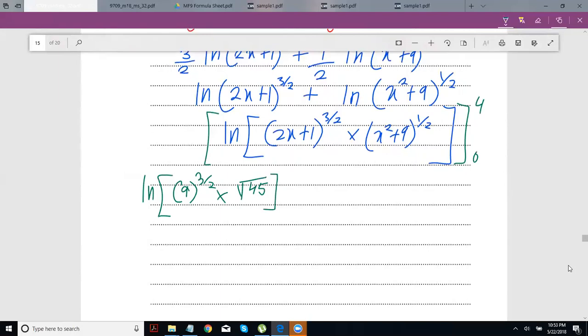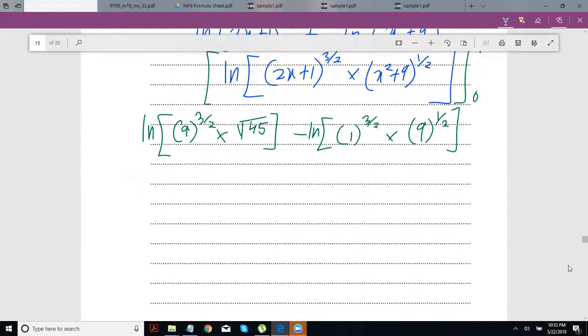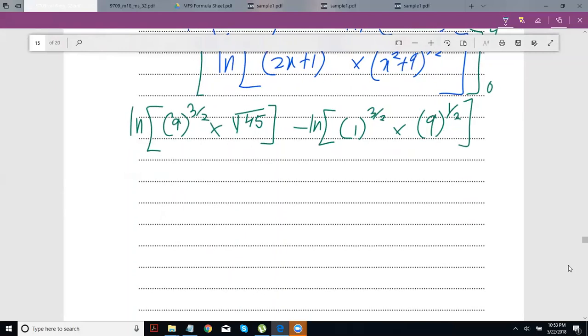This is your upper limit. You have to subtract this with your lower limit. This is ln. Now you just put in your zeros. So this is basically 1 raised to the power 3 upon 2 into 9 minus 9 to the power 1 upon 2, which is basically 3. It's going to be 3. But I'll still write it. Yeah, you got that. So it's your upper limit minus your lower limit.